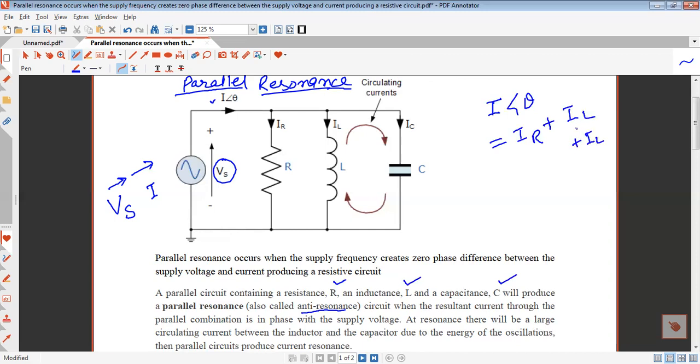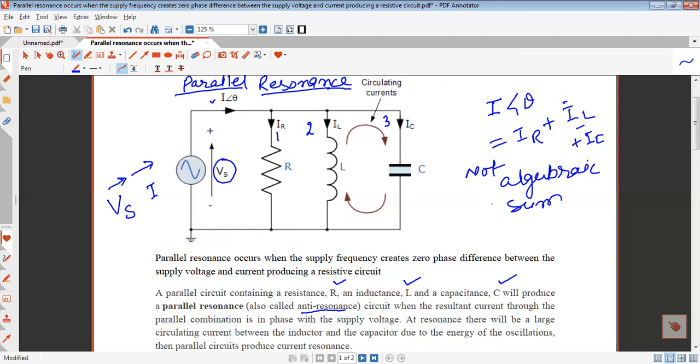We have to take care here, it is not an algebraic sum. It is, in fact, a vector sum. So we have to take care. Suppose this current is 2 ampere, this is 3 ampere, and this is 1 ampere.